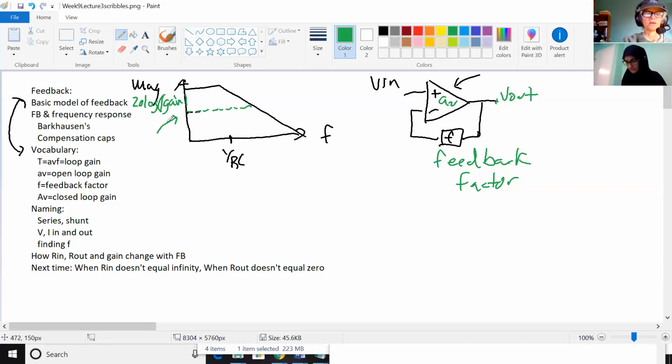This point right here is actually your underlying op amp, so let me write this. This is 20 log of AV. So it's just your underlying op amp right here. This is actually 20 log of AV divided by 1 plus AVF.